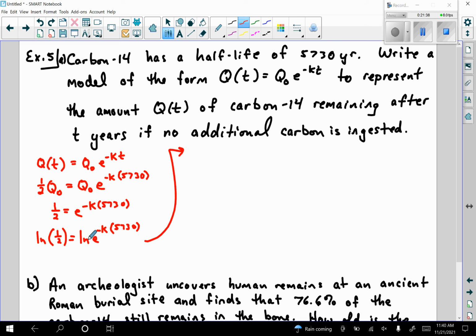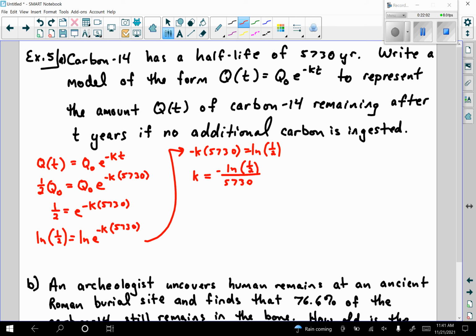So this natural log and e will cancel. So I'm just going to rewrite it this way. Negative k times 5730 is going to equal the natural log of 1/2. So k, I'm going to divide both sides by negative 5730, is going to equal natural log of 1/2. And actually, I'll just put the negative, I could move the negative, and then over 5730.